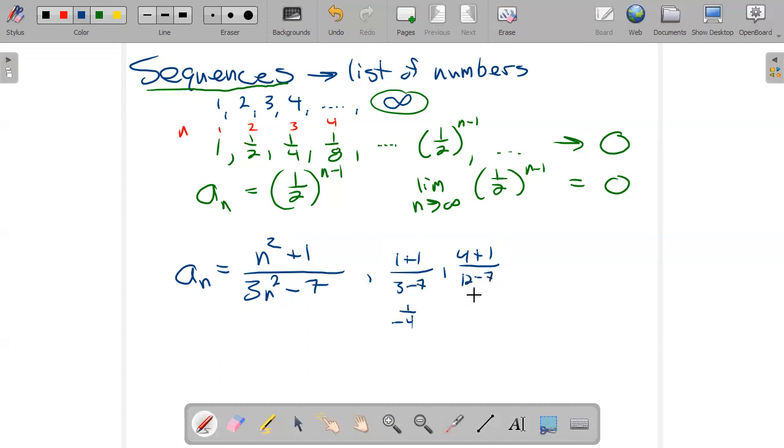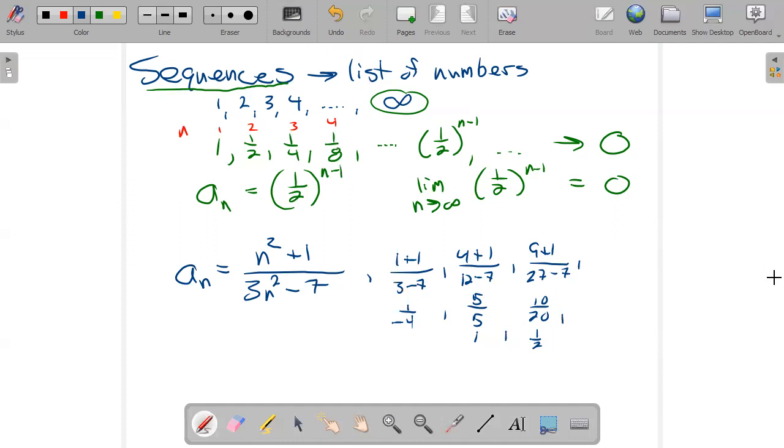So the next one would be 5 over 5, interesting, which is 1. The next one with n equals 3 would be 9 plus 1 over 9 times 3 is 27 minus 7. So that would be 10 over 20, which we could reduce to 1/2. And then we can keep getting more of these to try and get an idea about what it's doing.